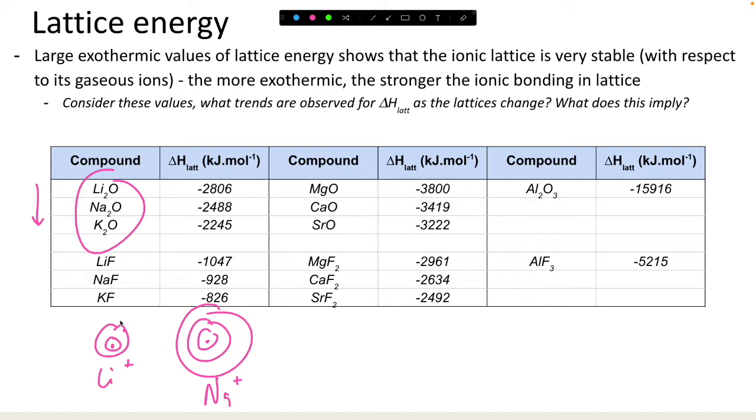So as we increase in size, but keep the charge the same, so they're all Li+, and they're all group 1, they're all +1s, and they're all oxides, so 2-. What can we see is occurring with the ΔH of the lattice energy? Well, these are all exothermic values, as we said lattice energy will be from our definition, but the lattice energies are decreasing.